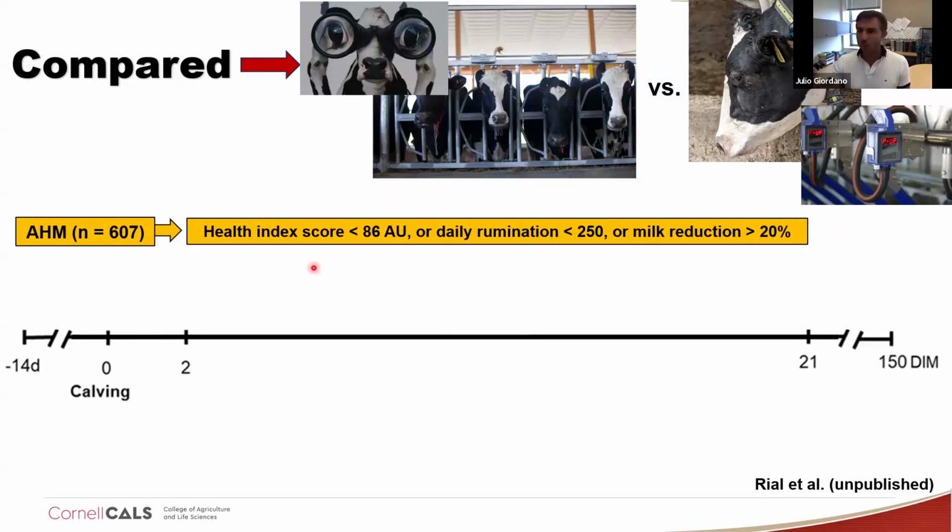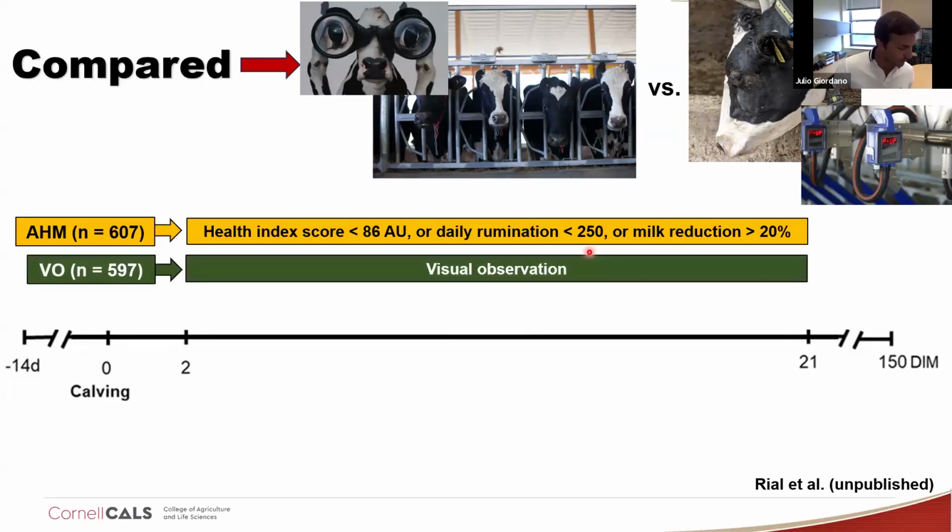So in the automated group, again, we use the alerts from this commercially available system, the SenseHub system from Merck Livestock Intelligence, and we use the health index score that they create. We also use rumination time as an absolute value, less than 250 minutes, and a milk reduction of more than 20%.